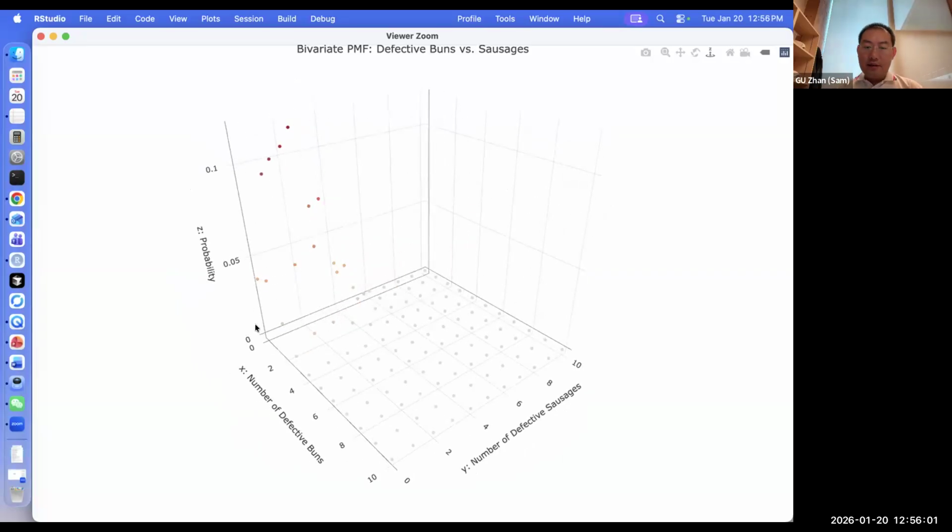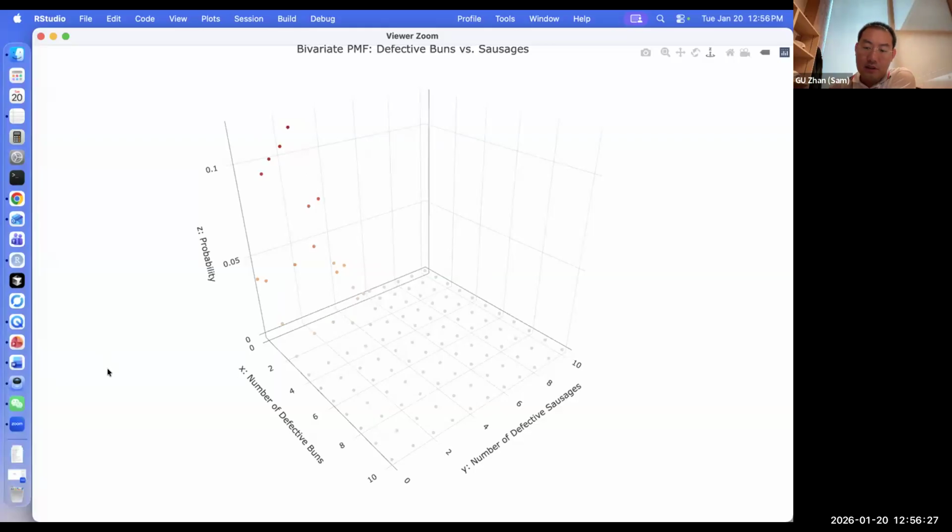How many dots are there? Do you know how many dots are there? There will be 0 to 10 and 0 to 10, so there will be 11 times 11, 121 different dots. Each of the dots is associated with a probability, right? So that's a joint probability of these two variables.